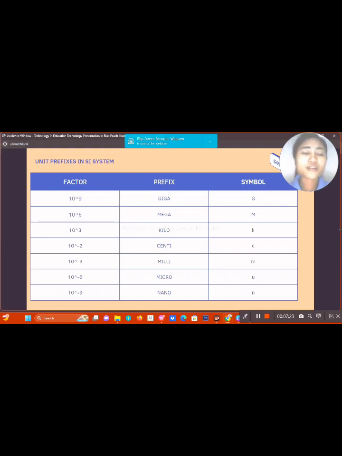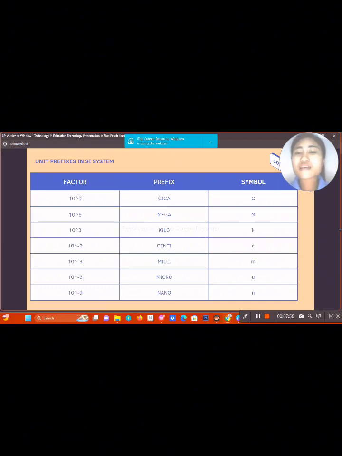For example, 10 raised to the power of 9 is the prefix giga, which has the symbol G. Then 10 raised to the power of 6 is mega, symbolized by capital M. 10 raised to the power of 3 is kilo, symbolized by small k. 10 raised to the power of negative 2 is centi, symbolized by small c, and so forth.